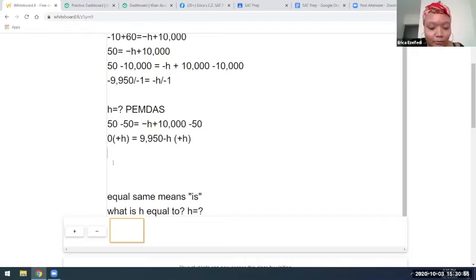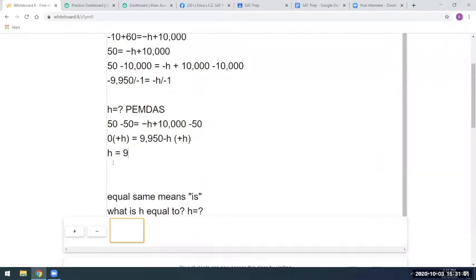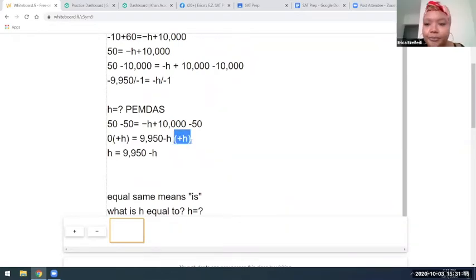H equal 9,950, and then minus h. Minus h? Yeah, I think so. I might be wrong, but what did you do with the plus h here?